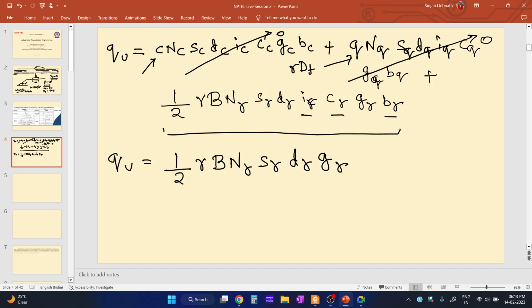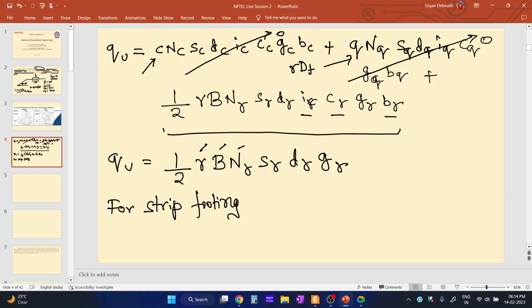So we know the unit weight of the soil, we know the breadth of the foundation, we know the value of N gamma. So for strip footing, this is a strip footing.